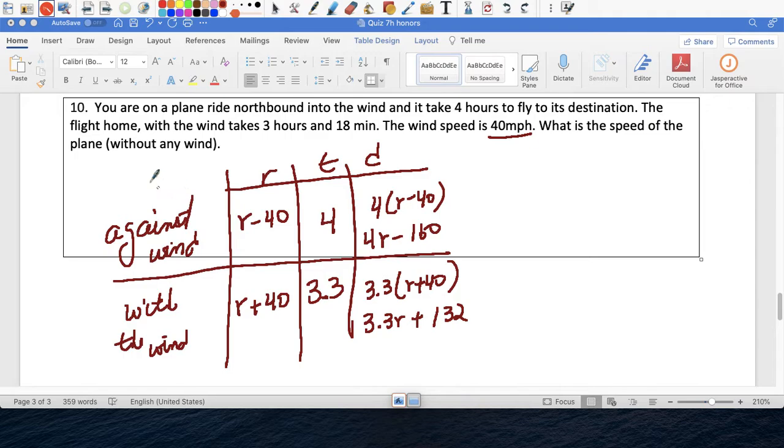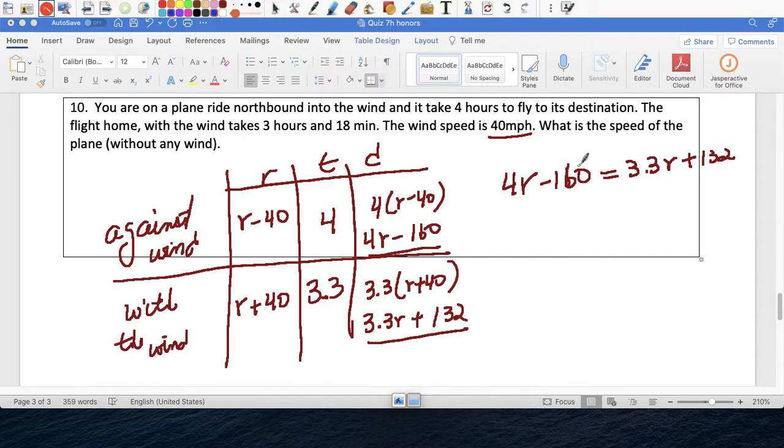So what is the speed of the plane without any wind? To find that, what do we know about the distance? Well, if you're going to and from the same location, this distance is equal to each other. So 4r minus 160. I'm going to take advantage that I already did the distributive property and use this expression. Likewise, I'm going to use the bottom one, and that's equal to 3.3r plus 132.